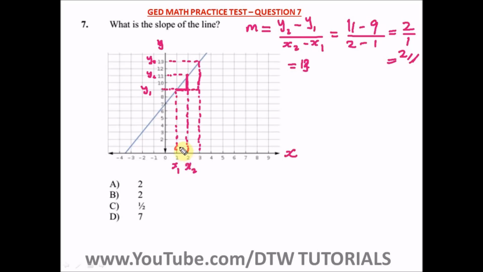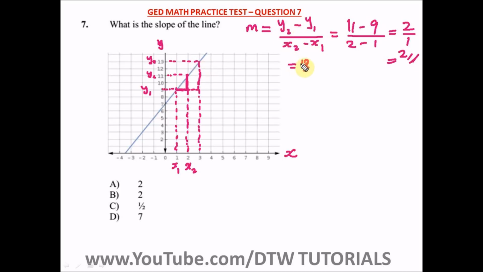Also, don't pick a point where you don't know the exact value, because it doesn't specify how many units are between 9 and 10. So it's always good to pick a whole number. That's why I picked here and here. So in a graph, make sure you pick good points to get your slope.